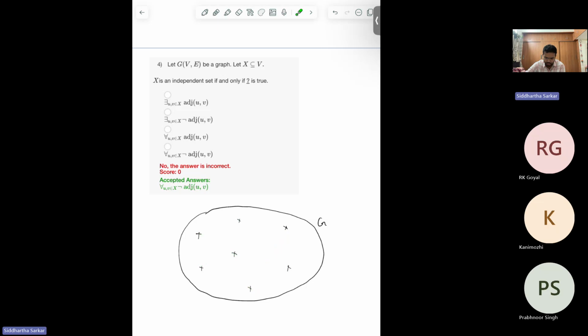Whereas this option says that there is one pair for which there is no edge, but for other pairs, even if there is an edge, it allows it. So independence is not guaranteed by this option. Whereas the last one guarantees independence because for every pair of vertices in X, it does not allow an edge. Therefore this reflects that X is an independent set. Hence, you have correctly identified it.